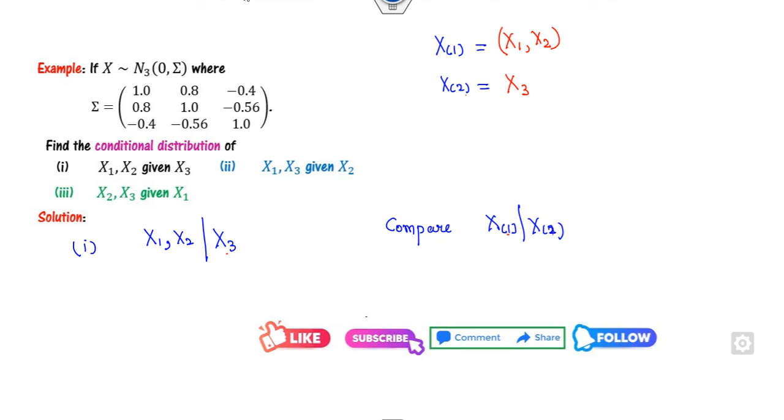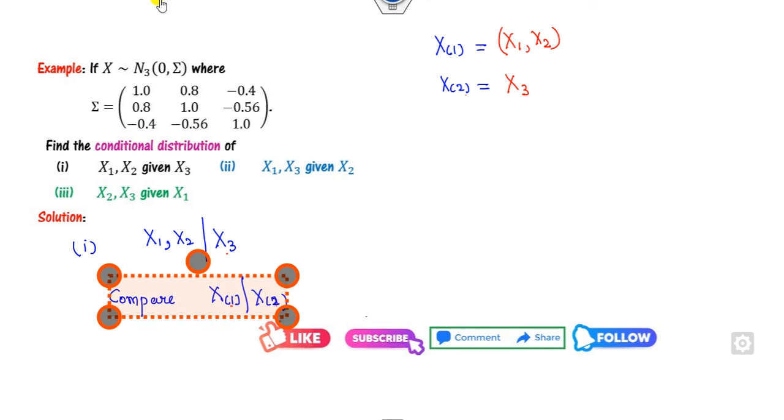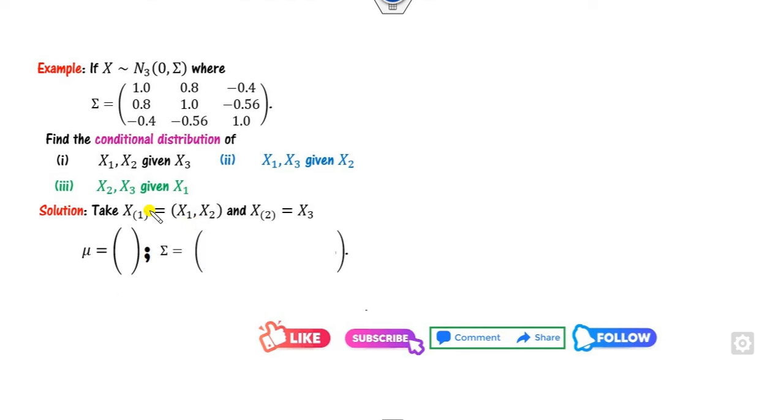I hope it is clear up to this point. Now step number 2, you have to define these numbers. So you write this is x1, that is x1, x2, and then you define x3. Similarly here, x1, x2, x3.